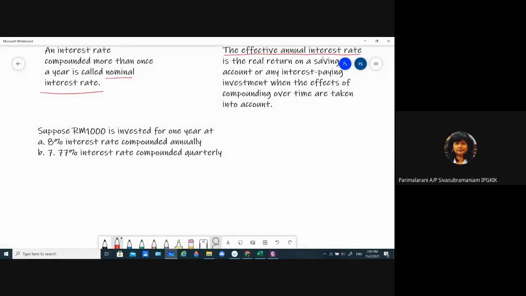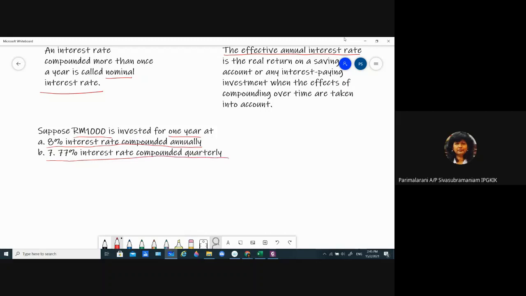Supposing you had 1,000 ringgit and you invest it for 1 year. You can either invest it at 8% interest rate compounded annually, or you can invest it at 7.77% interest rate compounded quarterly.